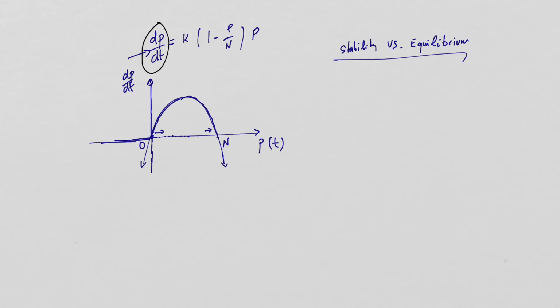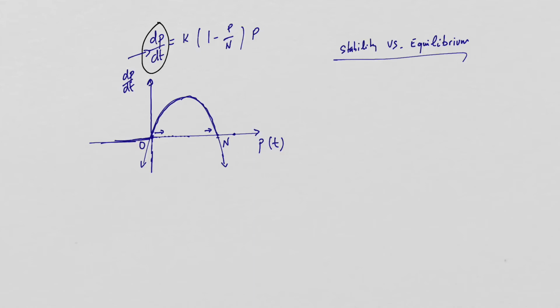If p of t equals 0 or n, that means dp/dt equals 0. That's obvious. However, if p of t is more than n, let's say you're here, at that point, dp/dt is negative. It's below the x-axis.